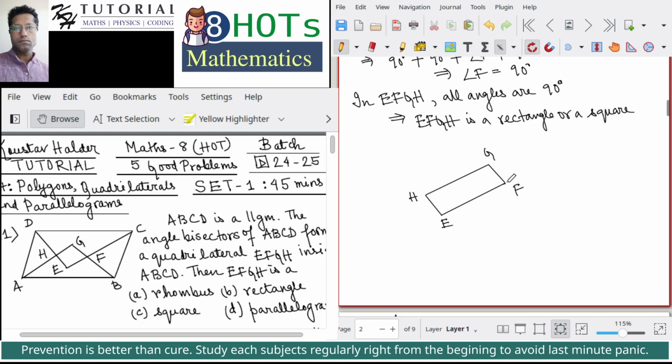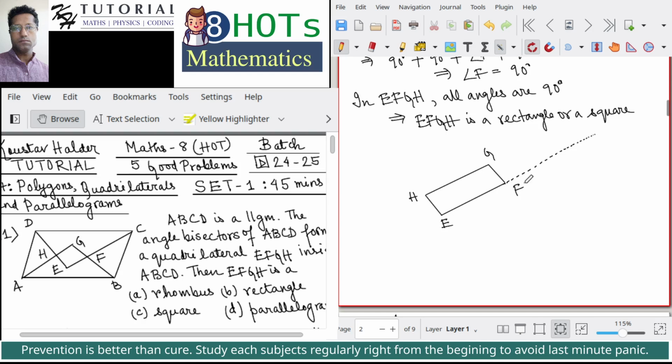Let me first draw all the angle bisectors. Then I will form the parallelogram.